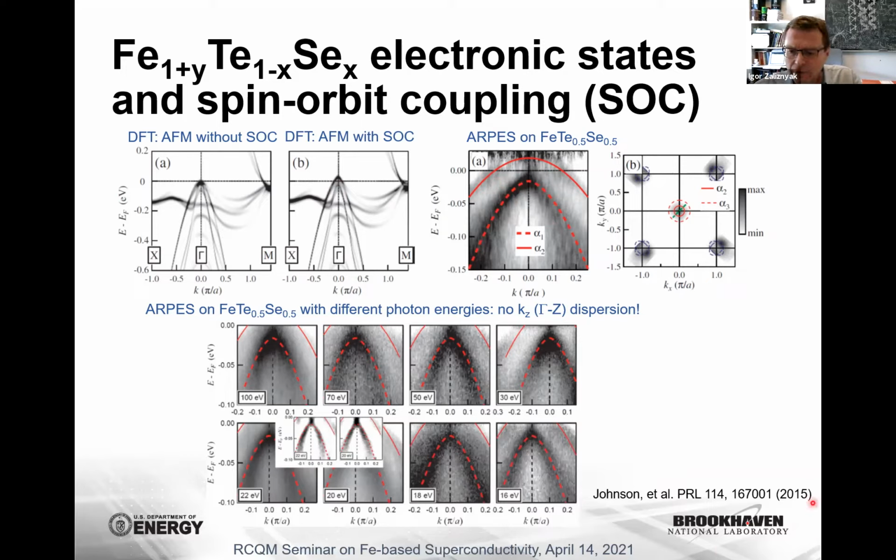I think this was one of the earliest demonstrations by ARPES that spin-orbit coupling is extremely important in these materials. It was also shown that this alpha 1 band, this is a bulk band that I will be talking about later in more detail, is actually non-dispersive in the direction perpendicular to the ab plane, which also contradicts the simplistic DFT calculation, but that is just another failure of DFT.